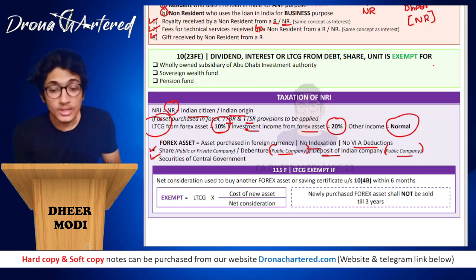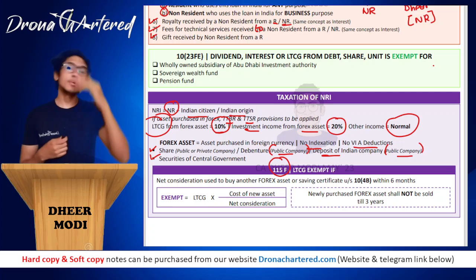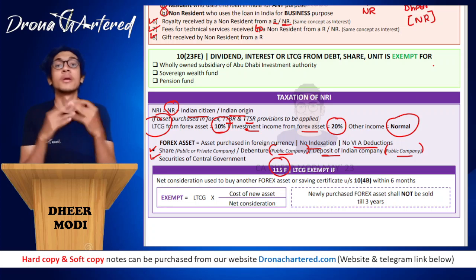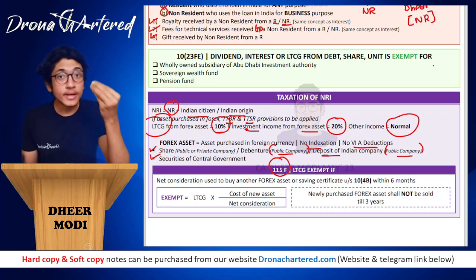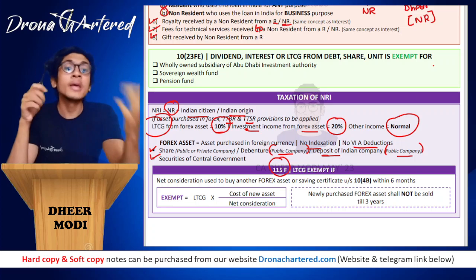Okay. Now they are given a separate benefit, that is your section 115F. 115F talks about LTCG being exempt. This LTCG that we are charging at only a nominal 10% will also be exempt when the asset that we have sold, whatever money they've received, from this money they buy another asset.